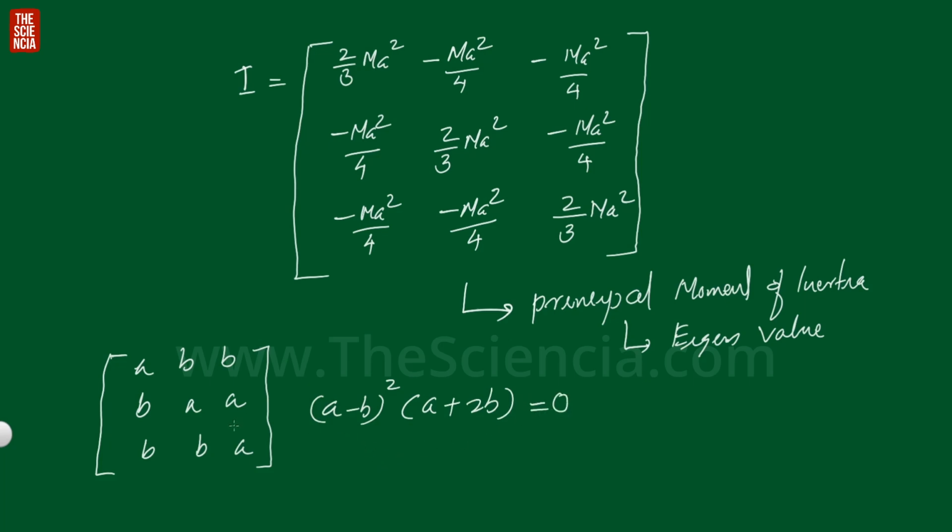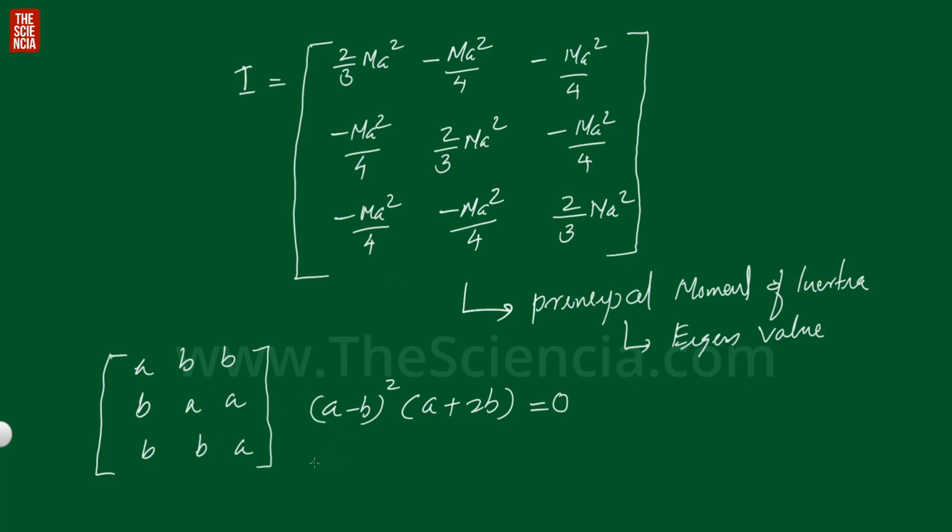So for a matrix like this one, you can write (A minus B) all squared into (A plus 2B) equal to 0. So I am using this trick here.